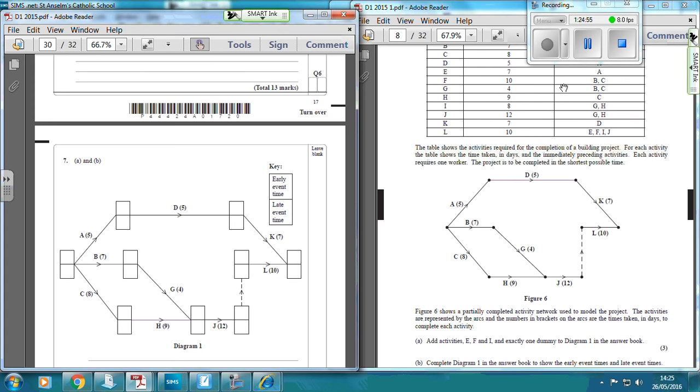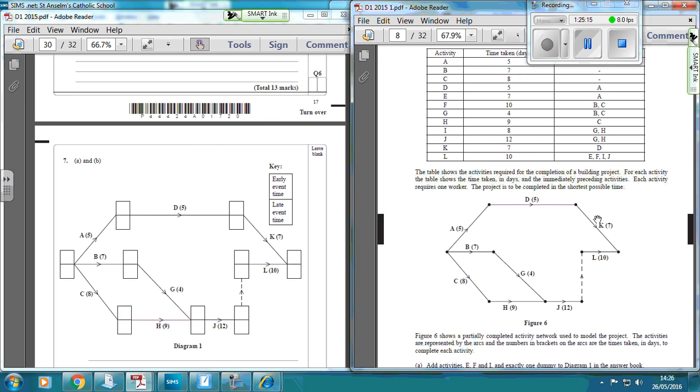So E has got to be preceded by A, and L has got to be preceded by it. So we draw in our line from A to L.